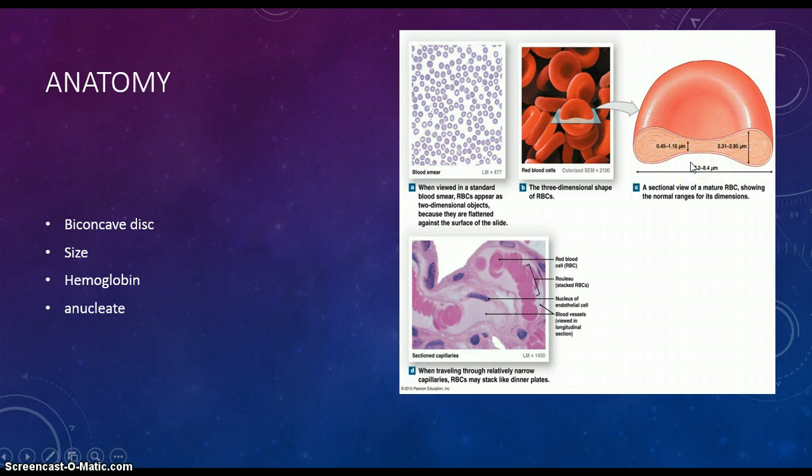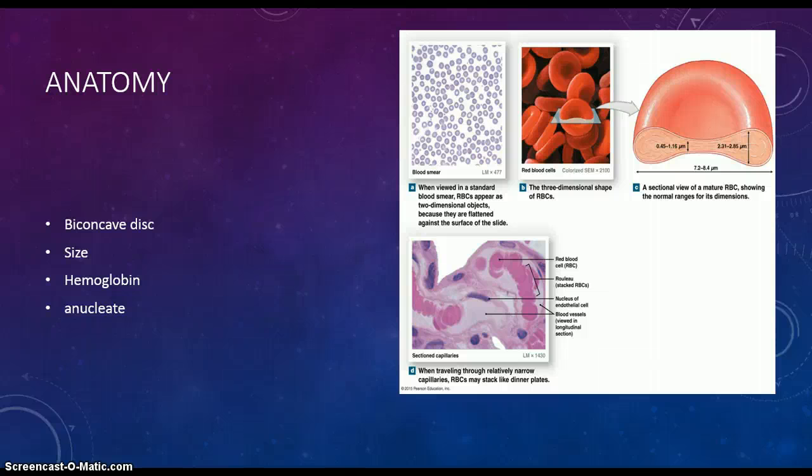These red blood cells are only about 7 micrometers in size. And when you think about the size of a micrometer, there's 1,000 micrometers in a millimeter. And this is still just a little bit larger, actually nearly twice the size of the smallest capillaries.